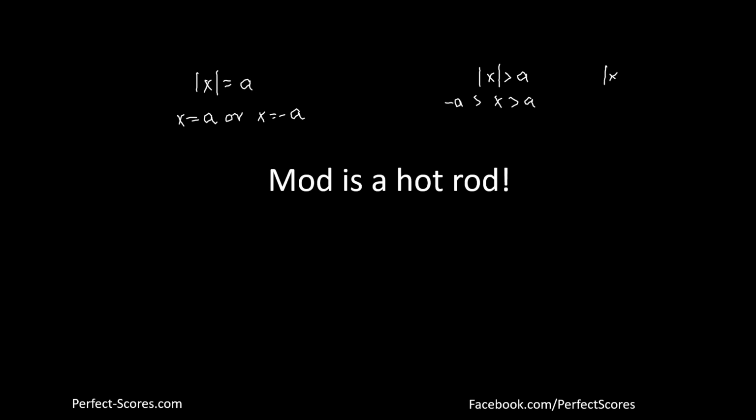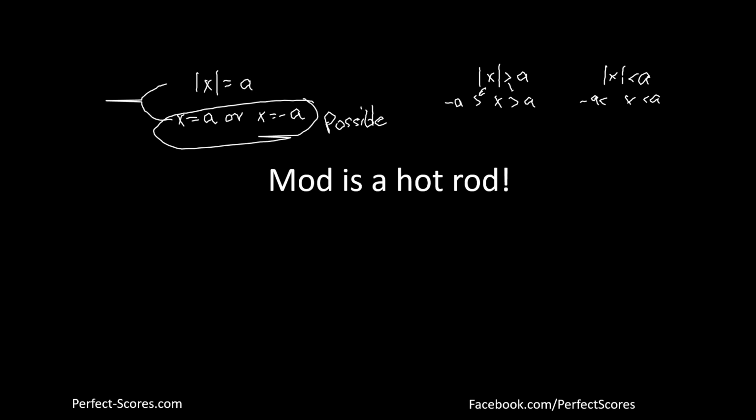Same goes for if absolute of x is less than a. X is less than a, but greater than negative a. Basically, what you do is you keep the sign the same, right? And understand these are possible values. These are not actual values. You don't need to stop here. You're supposed to plug back into this and check whether the values work or not.